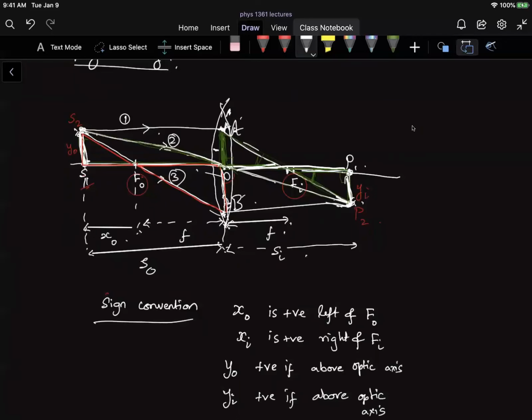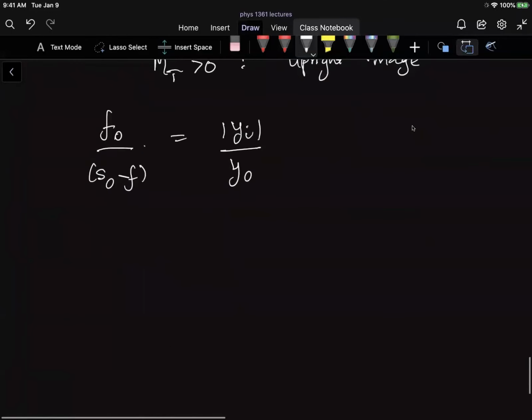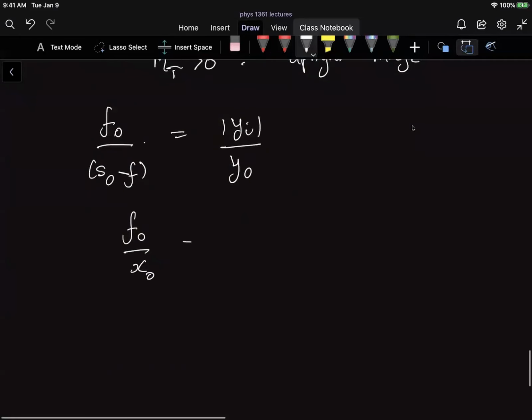So again, the ratio of those two sides, the ones over here and the one over here, must be the same as the ratio from here to here. And this first one is focal length, the second one is what I called Xo, and therefore we get that Fo divided by Xo is equal to Yi divided by Yo.